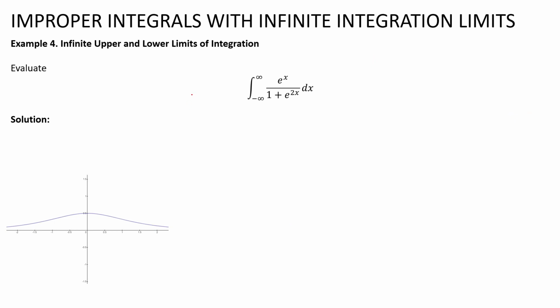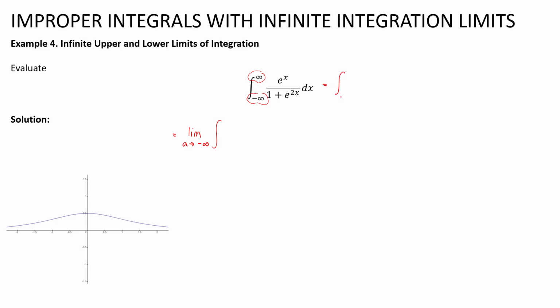So this is an example of the third type, wherein you're going to have two infinity limits. We split this one into two portions.